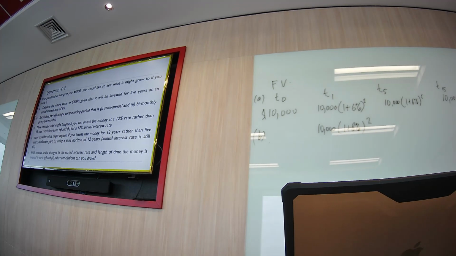The question is semi-annual, but one year compounded twice, right? So you have to adjust the interest rate divided by 2, and then the number of years will be doubled, right? The interest rate, yes, annual. So the 6% is annual interest rate. So if you do for the bi-monthly, divided by 6.